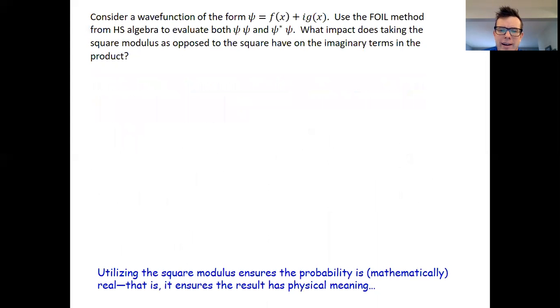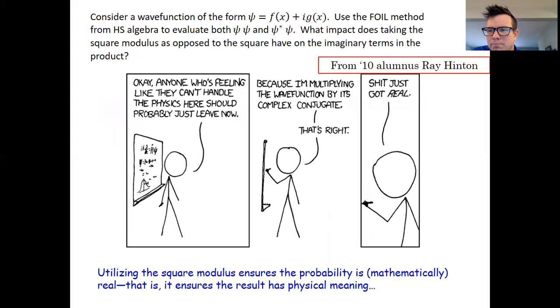This is best summarized in a cartoon. Cartoons never work as well when I read them to you, but bear with me. Anyone who's feeling like they can't handle the physics here should probably just leave now, because I'm multiplying the wave function by its complex conjugate.